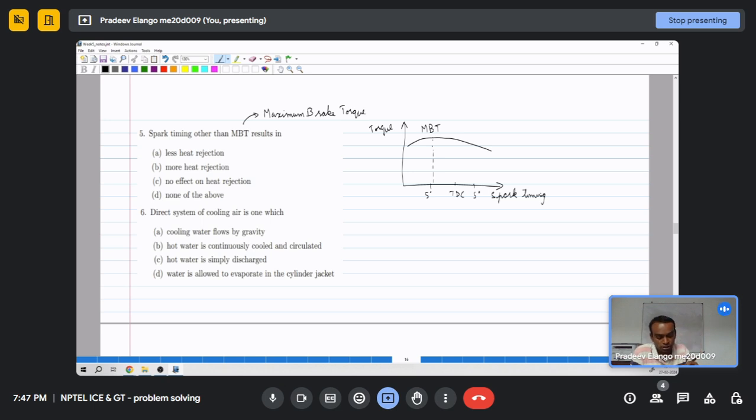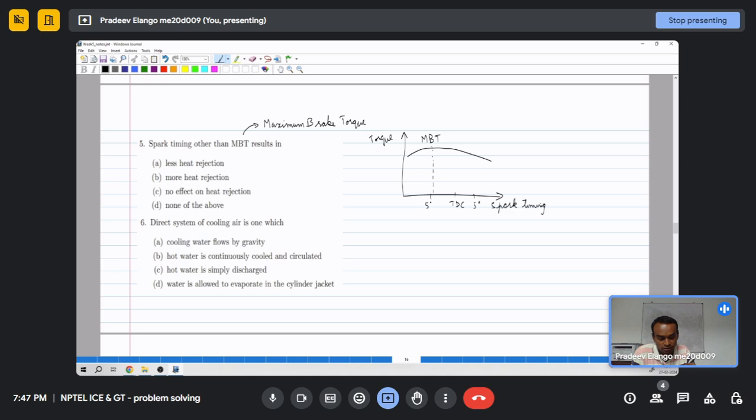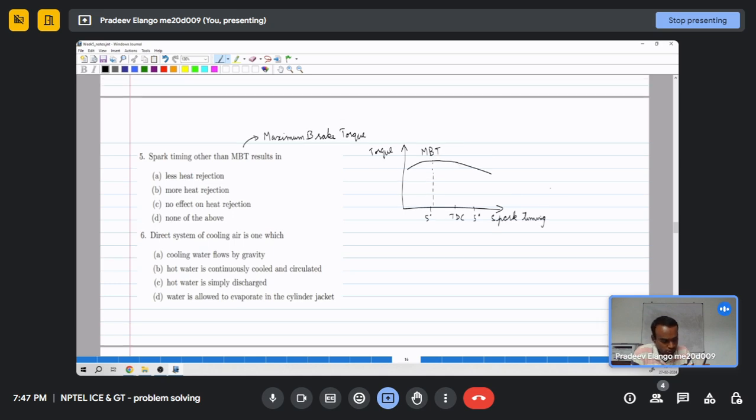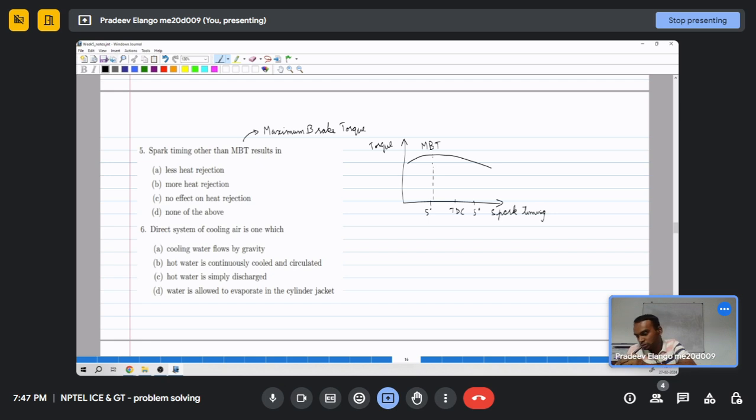So if you put the spark at say 5 degrees before TDC, then you will have ignition delay, and then the combustion starts, and the main combustion will happen a little after TDC, and the pressure will be very high just after TDC, because of which we will get more power output or more torque output.